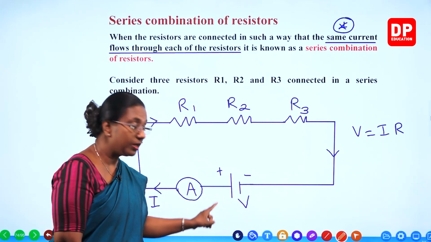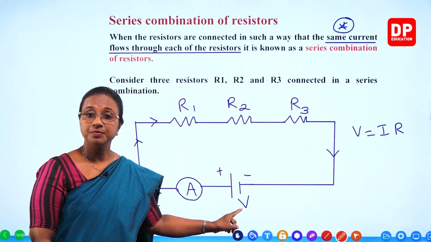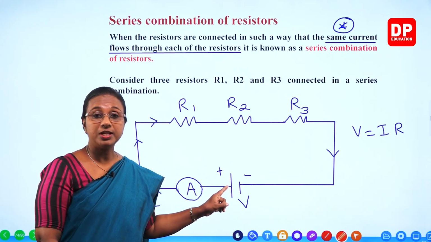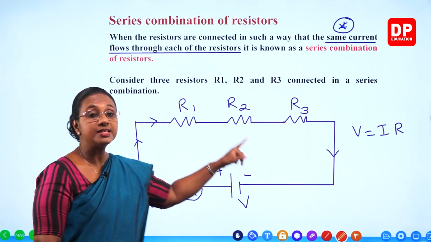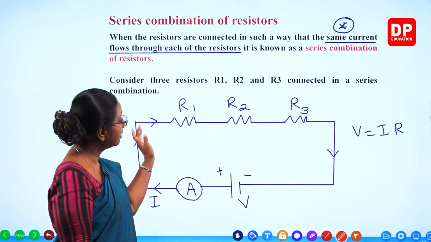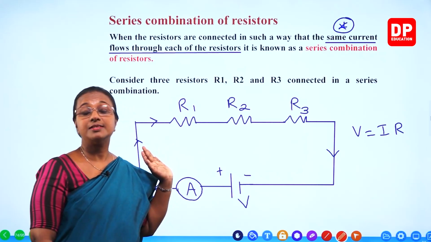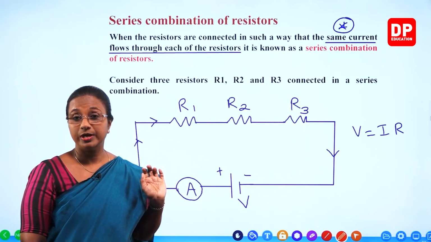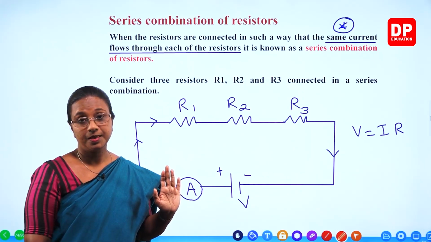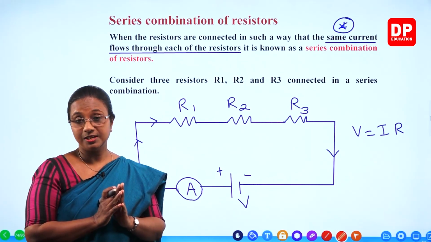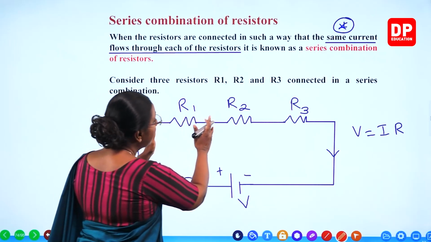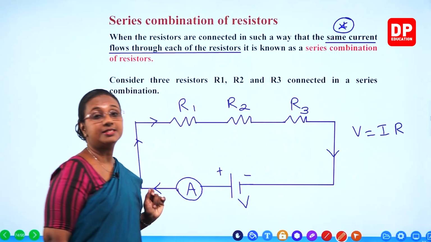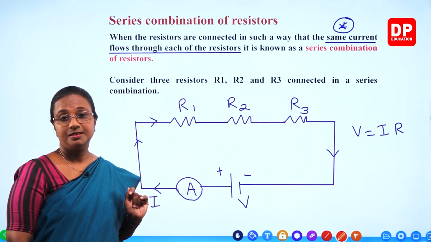Will it be equal to this V? That is the potential difference across the circuit. That is all three resistors together. So the total potential difference is going to be V. But that potential difference will be divided between these three resistors.